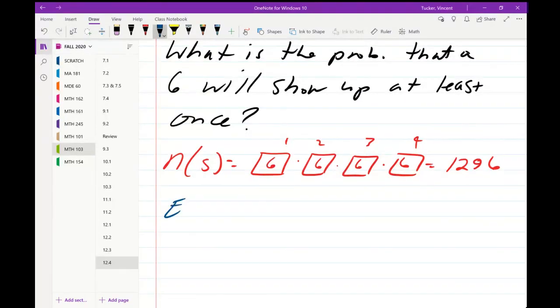All right, so the event that we want is at least one 6. What we can do here is it's easier to find the complement than it is to find straight up at least one 6. So the complement is no 6s.